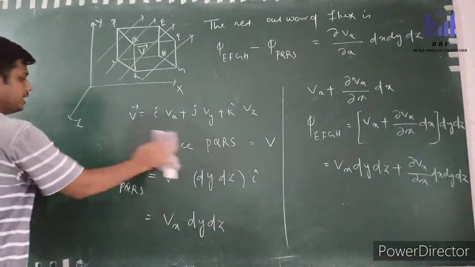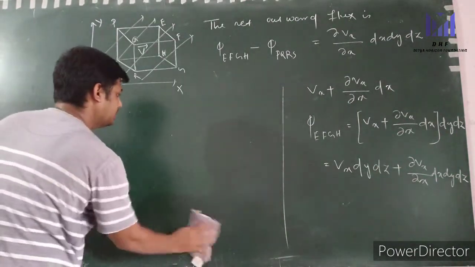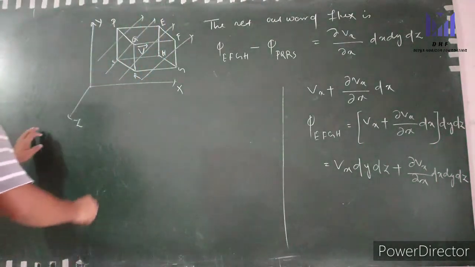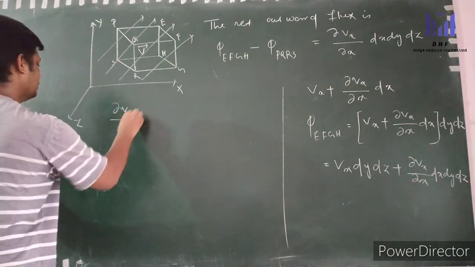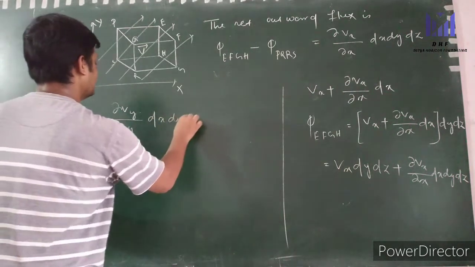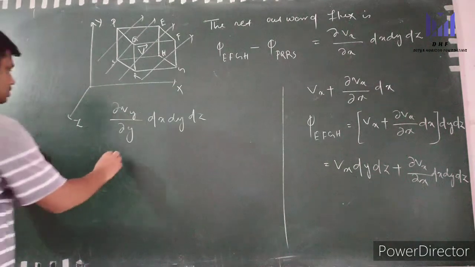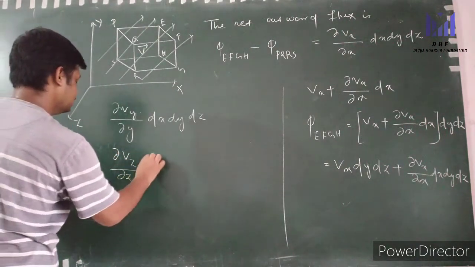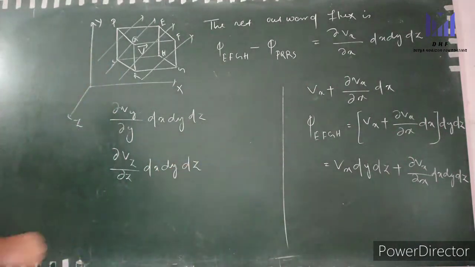Similarly, in the y direction also, we can calculate the net outward flux as del Vy by del y into dx dy dz. And also in the z direction, the net outward flux will be del Vz by del z into dx dy dz.